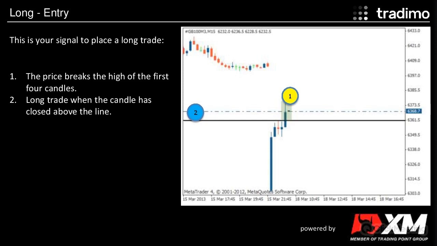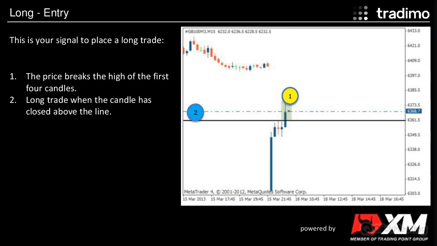Then this is your signal to place a long trade. The price breaks the high of the first four candles. We can see it marked yellow, and then, second, marked blue, the long trade when the candle closed above the line. So what it means is you just enter the market long.